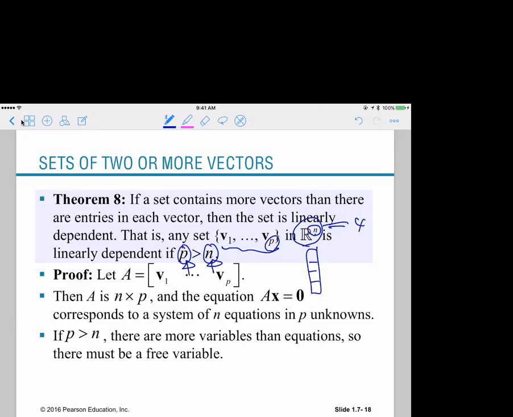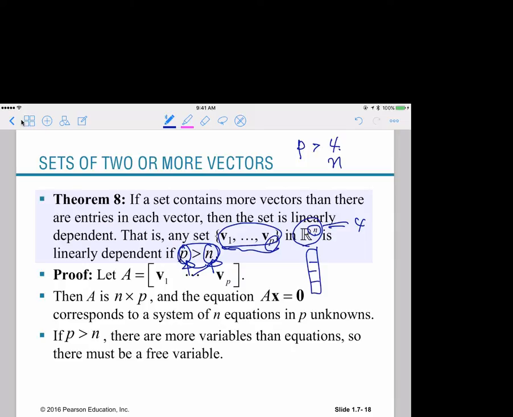In that case, if p is bigger than 4, that is, p is greater than n, regardless of what these vectors are, they are automatically linearly dependent. Okay? So again, let's think about the example.